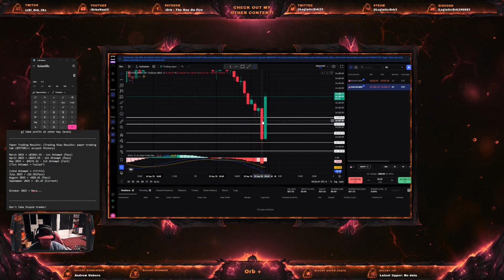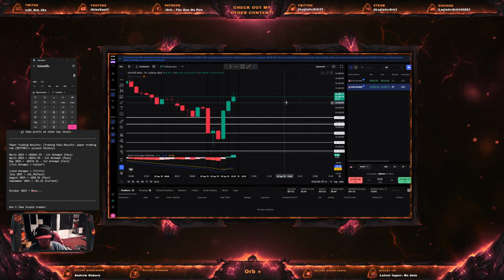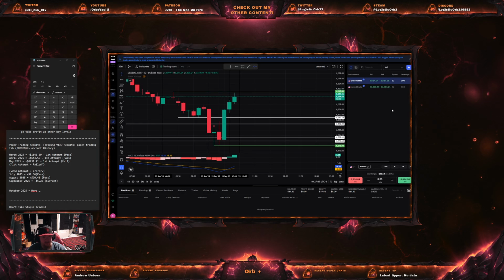I think we'll see it on a higher time frame. Excess break. There. That's NASDAQ. Let's see what this does. Yeah, same candle issue. And I should have seen that coming outside of everything else.